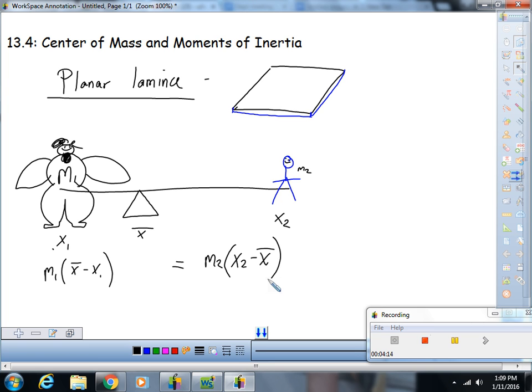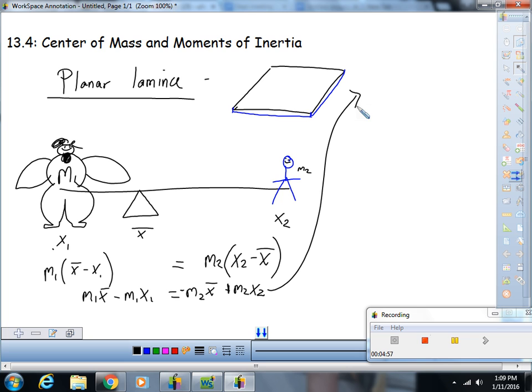So if we wanted to find out what x bar was, we would distribute: m1 x bar minus m1 x1 is equal to m2 x2 minus m2 x bar. I got that backwards. Okay, so let's clean that up here.